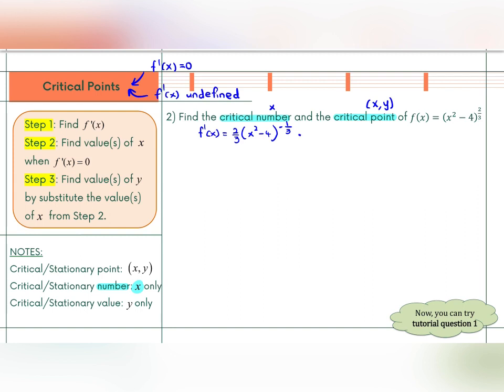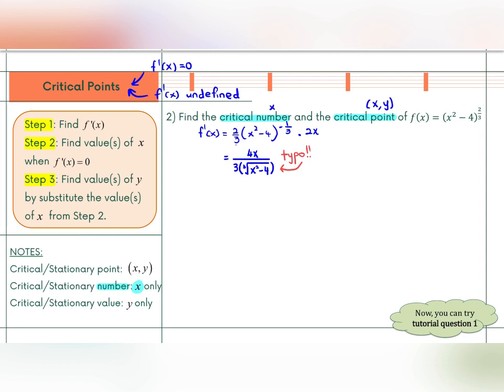Darab dengan differentiate x squared minus 4, we have 2x. Okay, so seterusnya bila kita dapat value ini, simplify our function, we have 4x over cube root of cube root kepada x square minus 4. So, this is our first derivative.